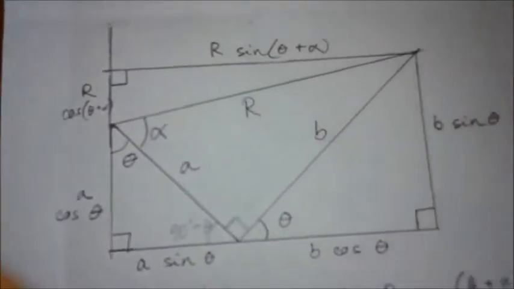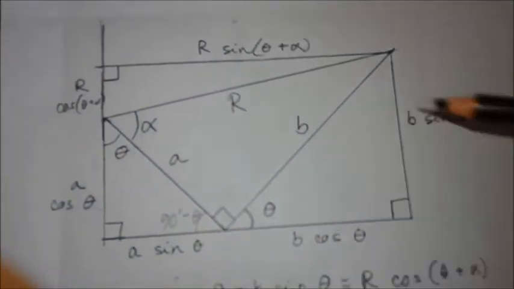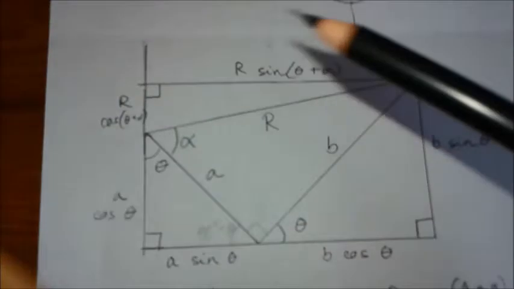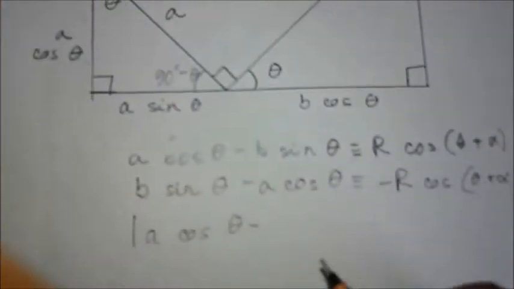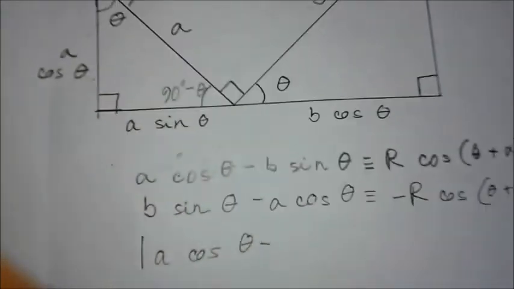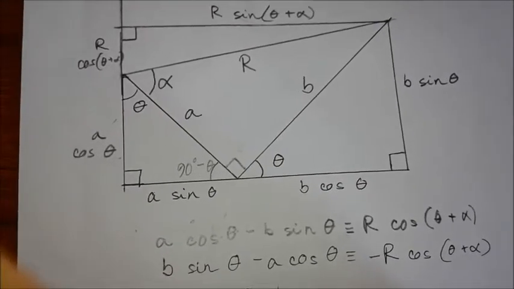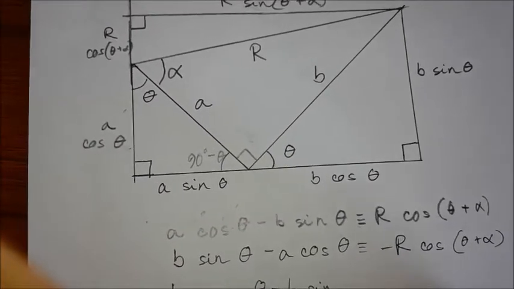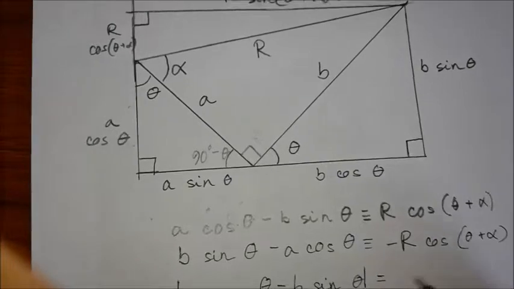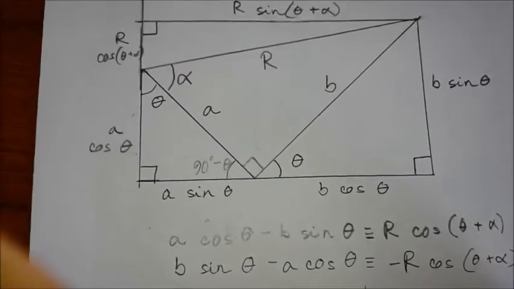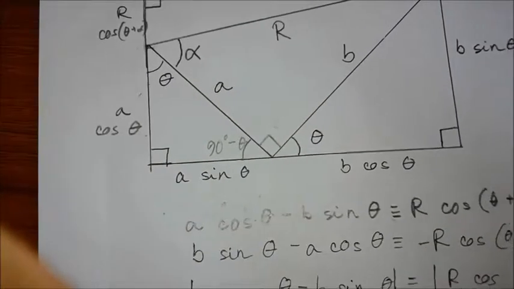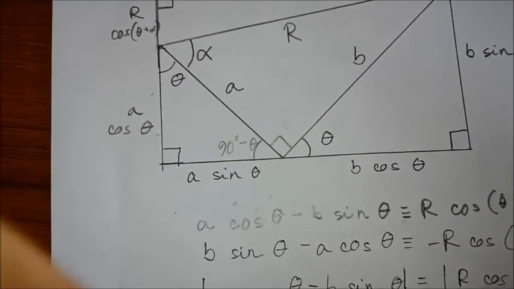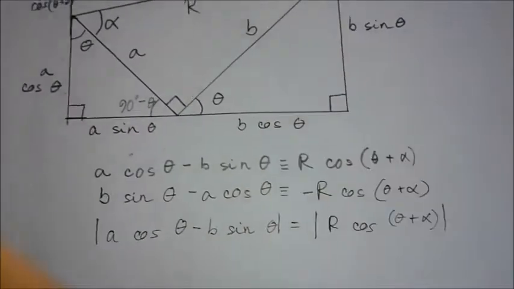we can say that this is b sine theta minus a cos theta, since subtracting this from this gives you this. Anyway, so what we can write is that the absolute value of a cos theta minus b sine theta can be written as the absolute value of r cos theta plus alpha.